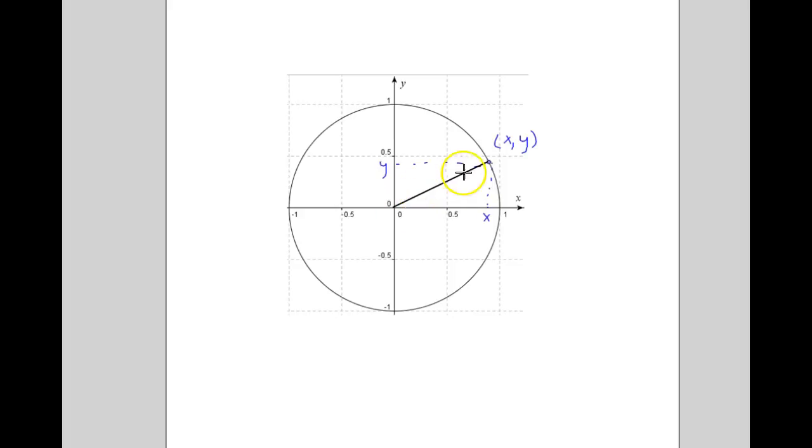Well, that length, that radius is 1 because it's a unit circle, and we rotated it up theta. Okay, now every point on that circle can then be found by using a radius of 1 and an angle of theta.